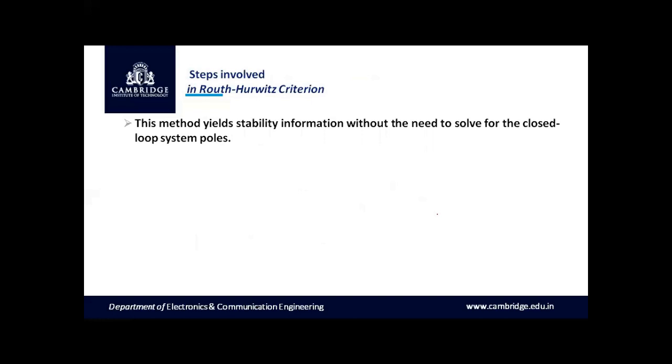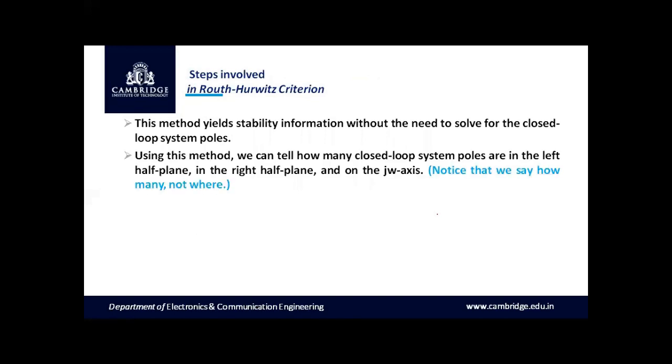Now let us look into the steps involved in the Routh-Hurwitz criterion. This method yields stability information without the need to solve for the closed-loop system poles. As we know, for a higher order system, it is very difficult to find out the roots. The RH criterion gives you the solution for it.